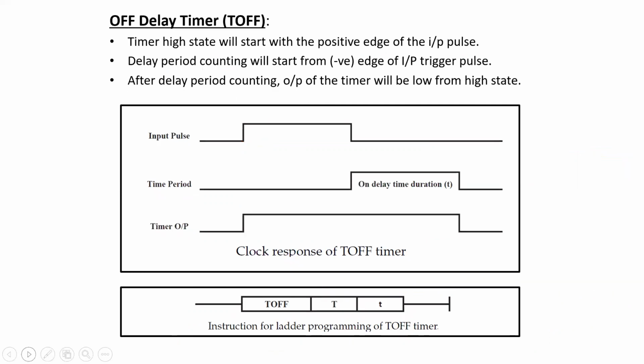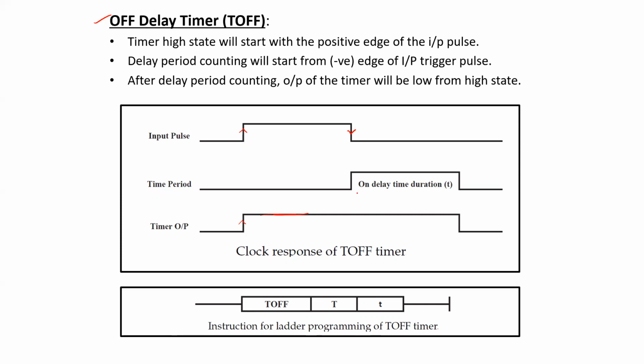The second type of timer, the off delay timer. In this type of timer, whenever the input pulse goes high, the timer output at the same time goes to high state as well. It continues to remain at high state, and when the input pulse has a transition from high to low, the timer delay count starts.